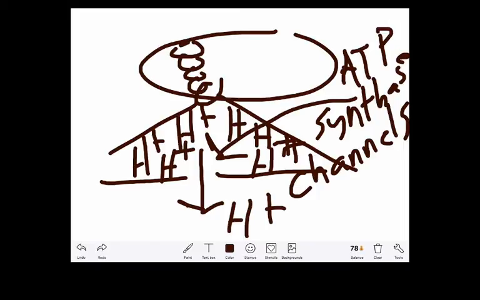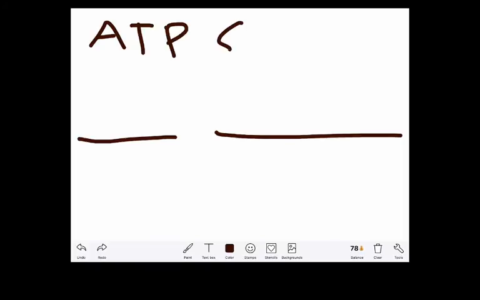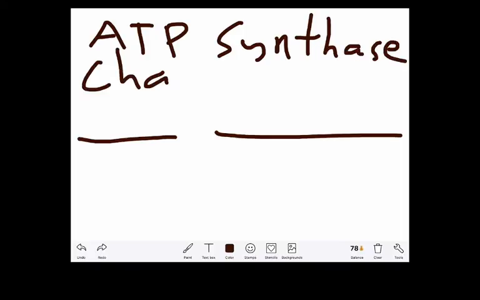Just like the flow of electrons produces energy, the flow of hydrogen through an ATP synthase channel also produces energy. And the energy being produced by the flow of hydrogen ions through the ATP synthase channel, I'm going to draw that really big, the ATP synthase channel within the thylakoid membrane.